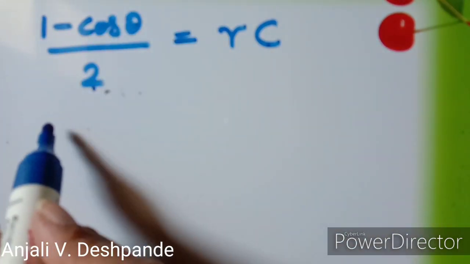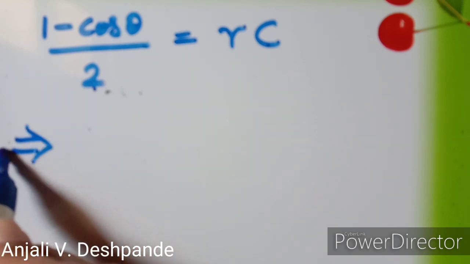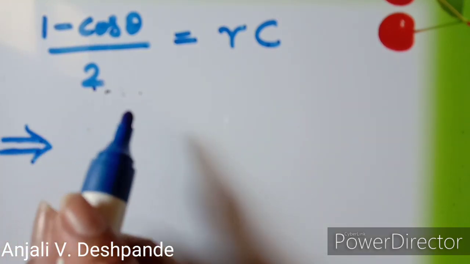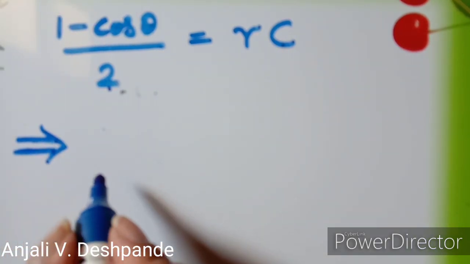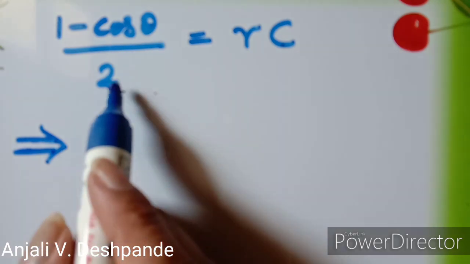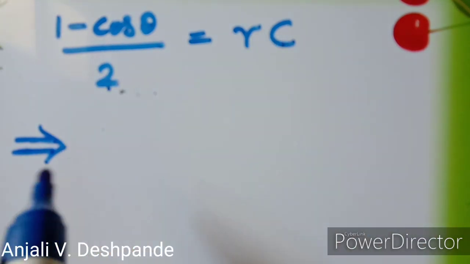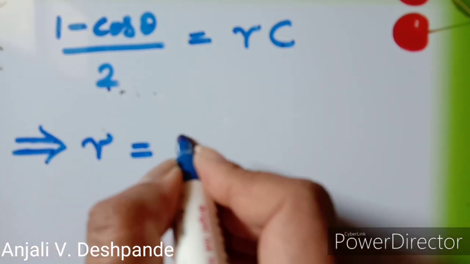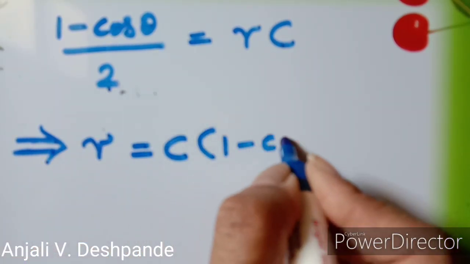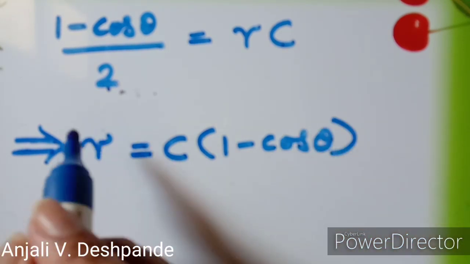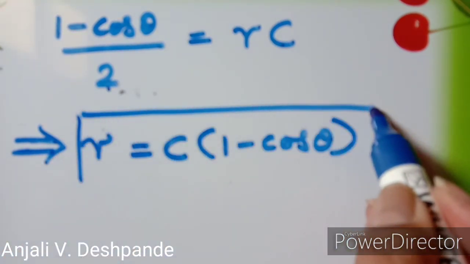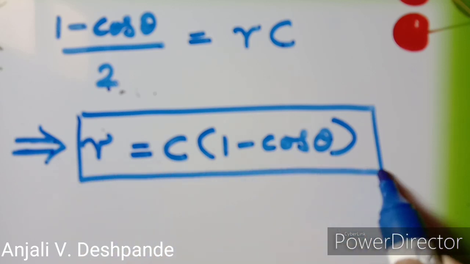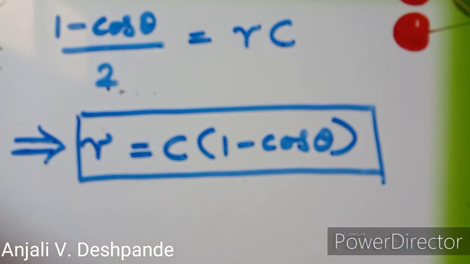We have been talking about this all the time in our earlier video lectures on this channel. So here 2c is also c once again, so we can write that r is equal to c into 1 minus cos theta. So now this gives us the equation of the orthogonal trajectories in polar form.